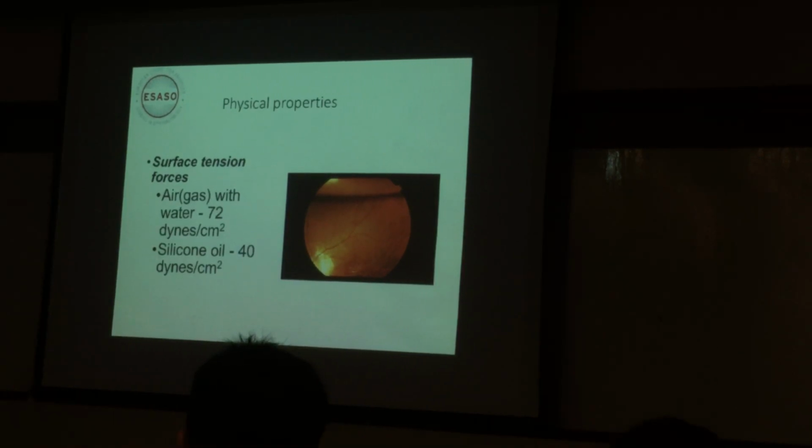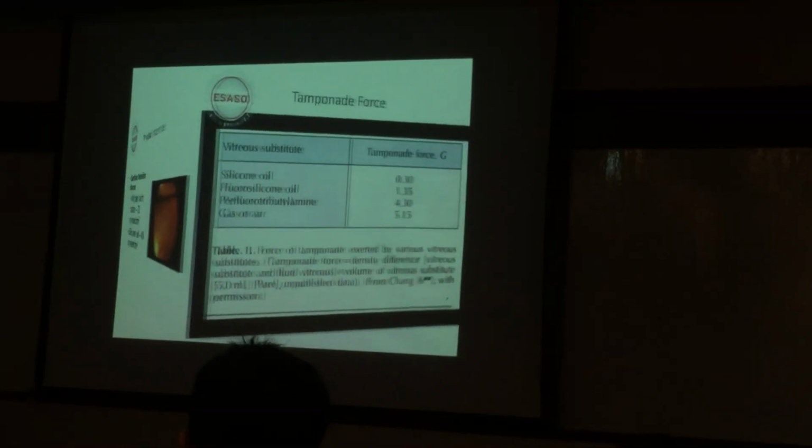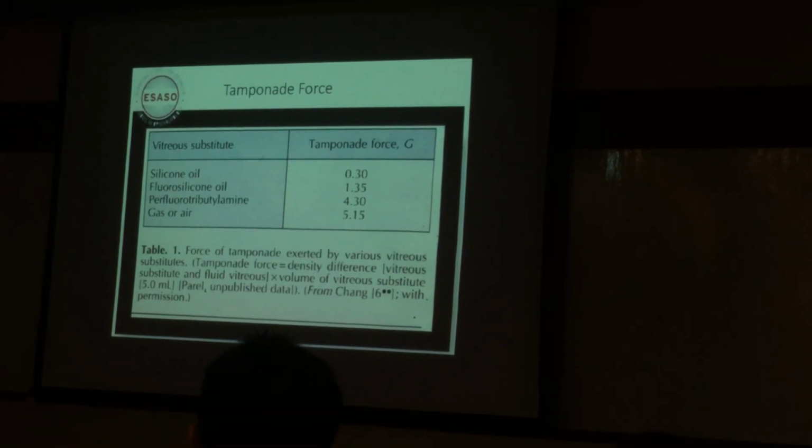So of the physical properties, obviously the surface tension is the most important. Air or gas exerts a surface tension force much more than silicone oil, as I mentioned. So the force of the tamponade is pari passu: because it has more buoyant force, it has more surface tension. Comparatively, gas has the highest tamponade force compared to silicone oil.